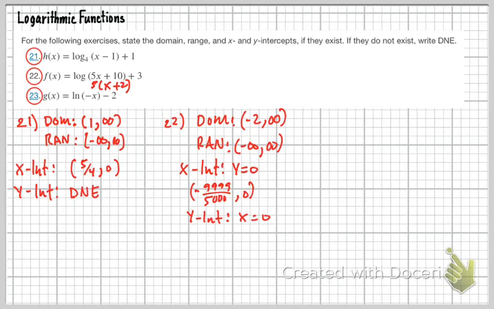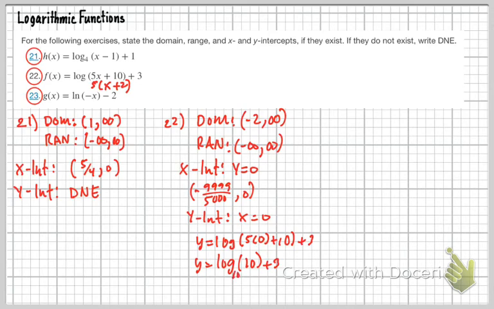So then I would get y equals log base, really 5 times 0, so I'll just write it, plus 10, plus 3. So then that's going to be y equals log base 10 of 10, plus 3.